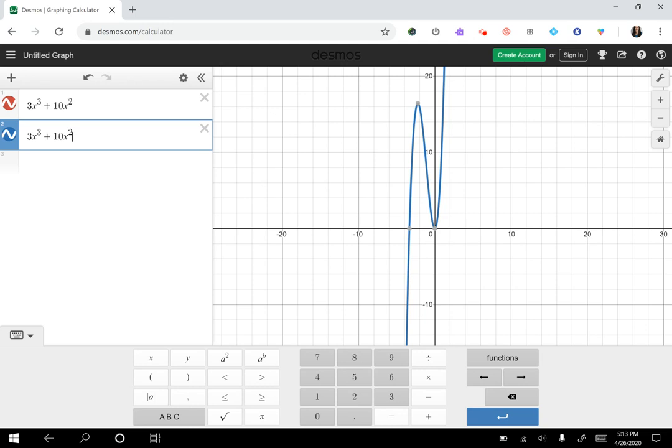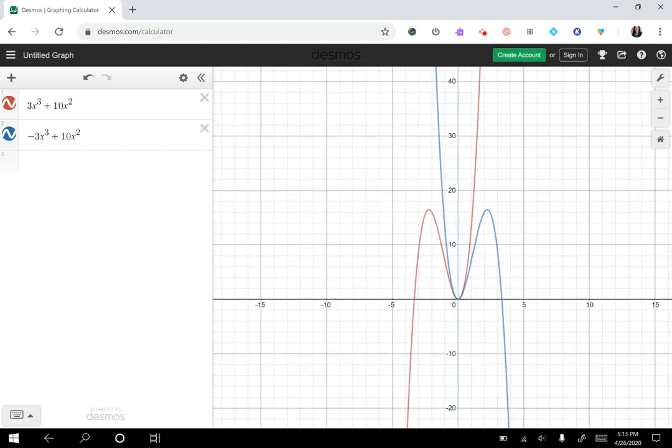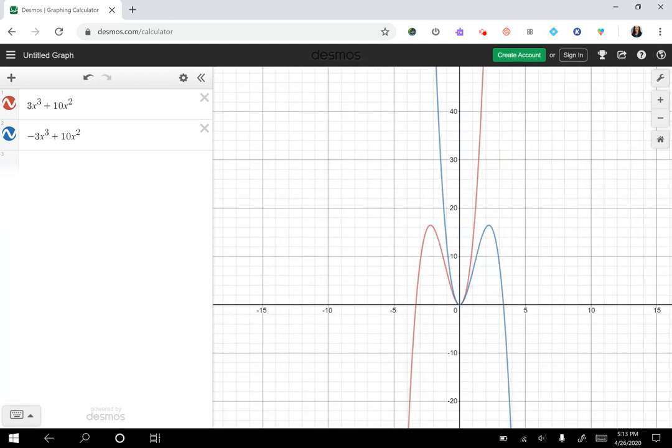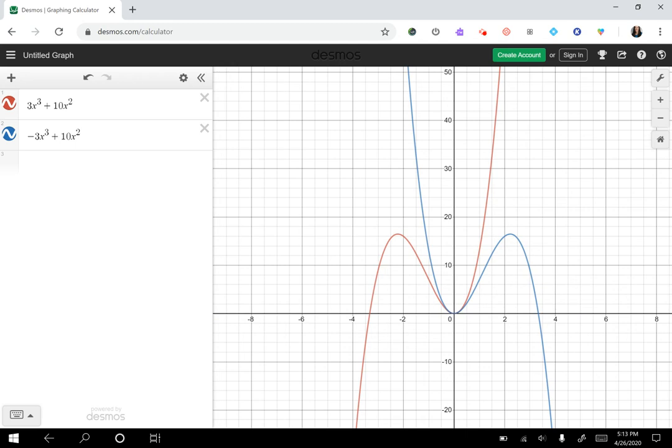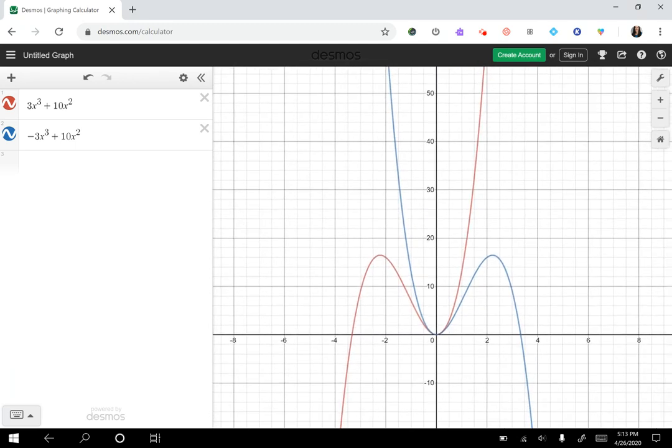So there's the graph again. Now, if I make it a negative, so you see everything, but the leading coefficient is now going to become a negative 3x. Look what happens here. Zoom out a little bit. So the red one is our original one, and the other one is the flipped one.